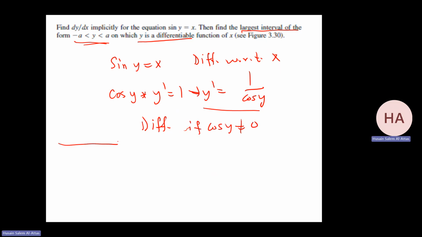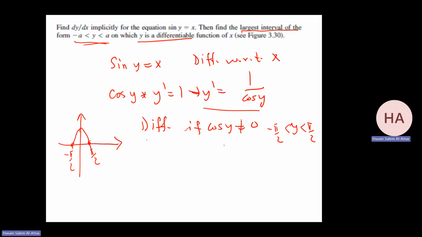And we know that for cosine y, if I want to avoid the 0, it will be minus pi over 2 to pi over 2. So I need y between minus pi over 2 and pi over 2. Otherwise, I will have 0, because the 0 is at minus pi over 2 and pi over 2. That will be the largest interval.